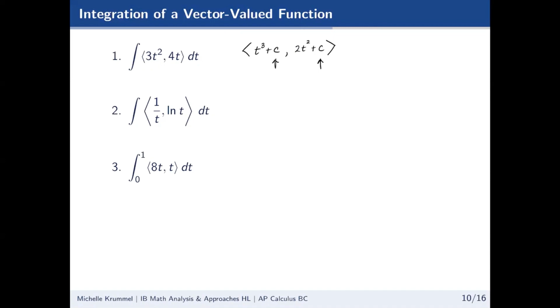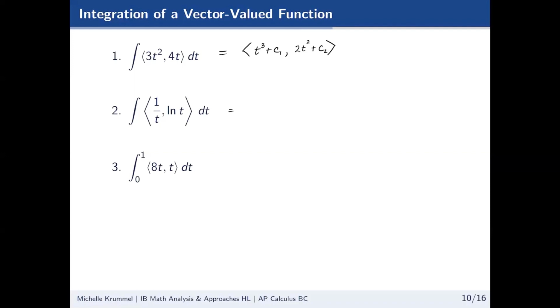We're going to have to distinguish them from one another. You can use a different letter, maybe call one c and call one d, or you can use a subscript. You can say that's c sub 1 and that's c sub 2, or you could say c sub x for the x component, although we don't want to confuse it with the variable, it is a constant. So this is our new vector-valued function, and it is the integral of the original vector-valued function.